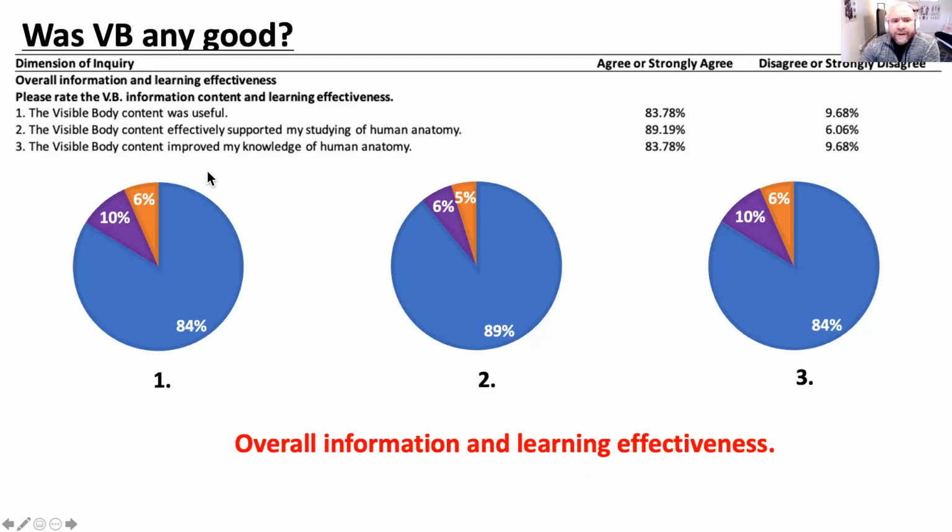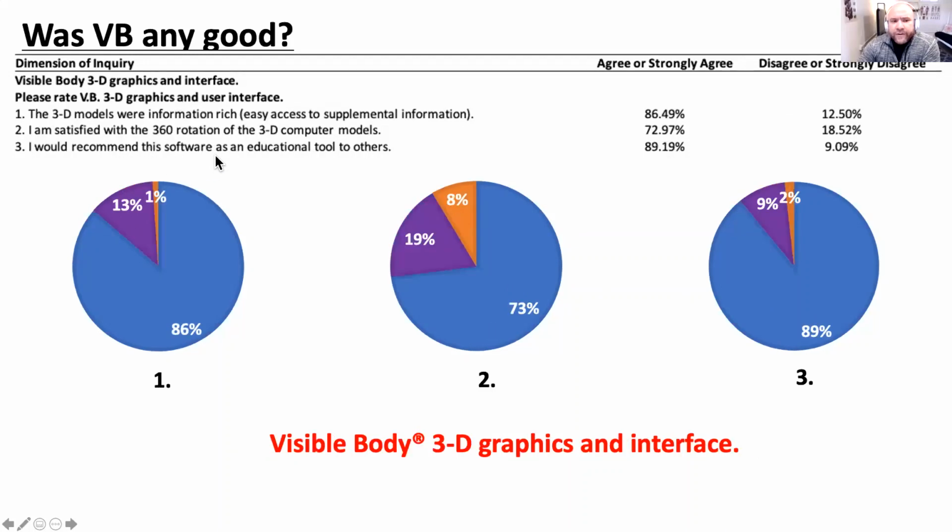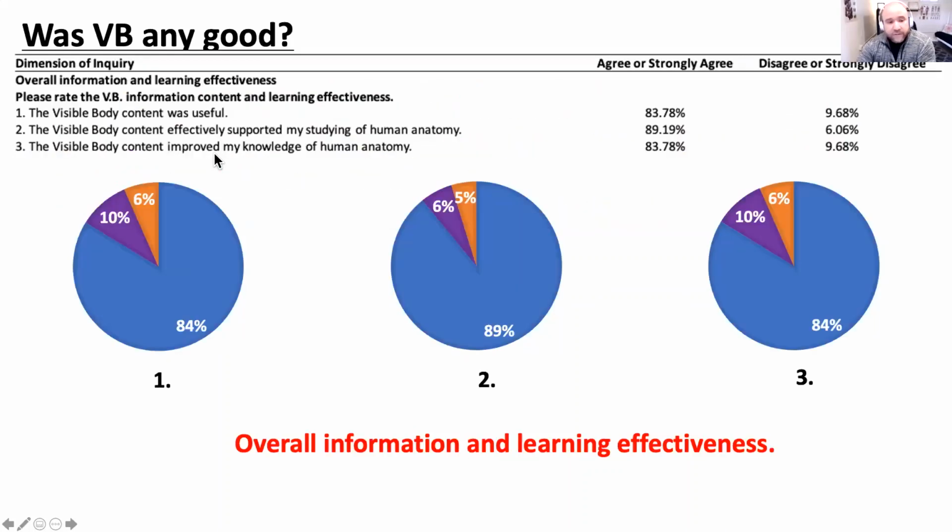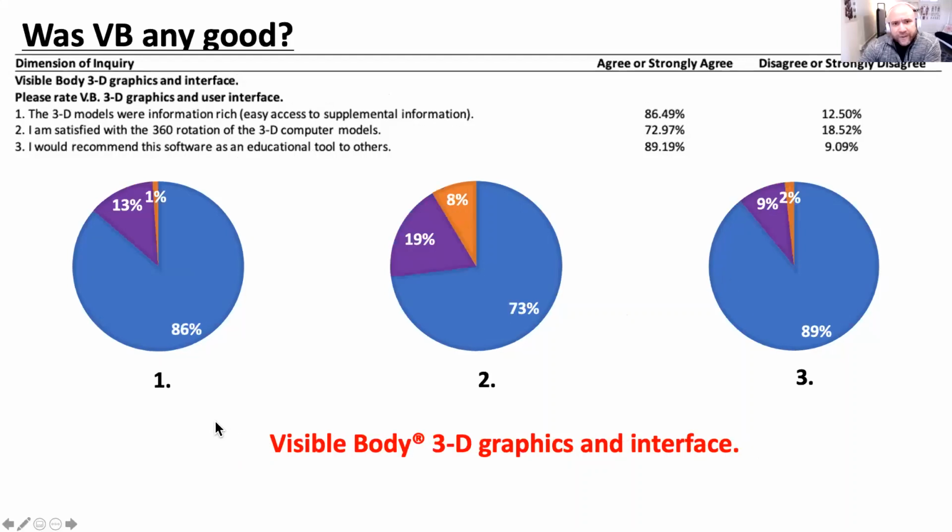And another was that it improved overall their knowledge of human anatomy, so 84%. So a large positive agreement from our students that Visible Body had overall good information, and it was effective for their learning.